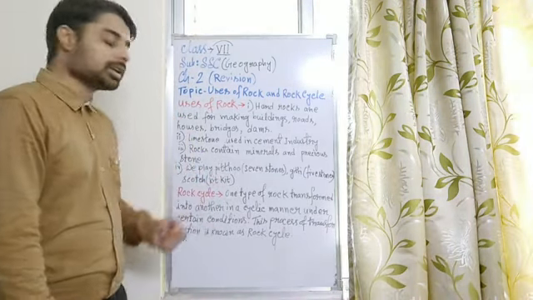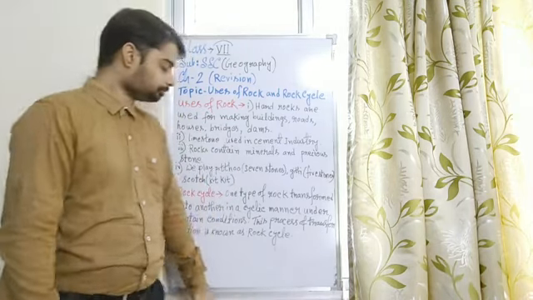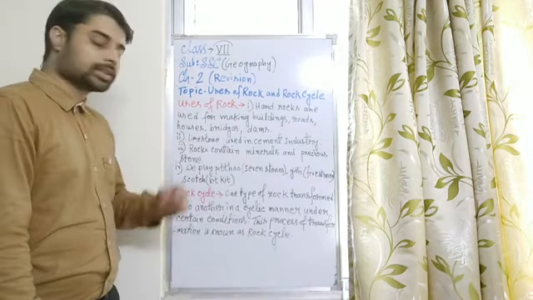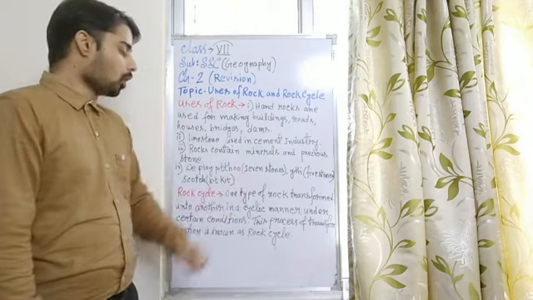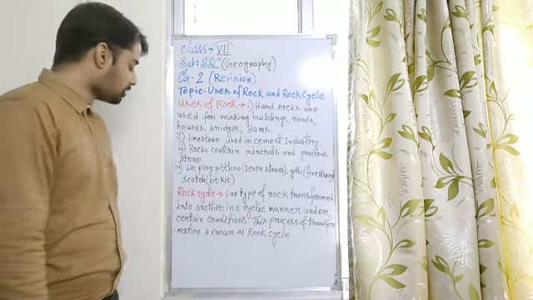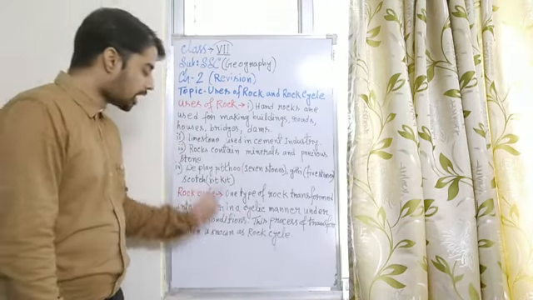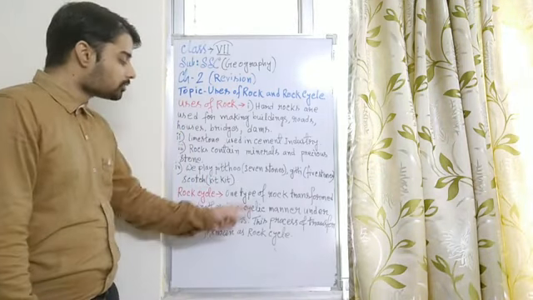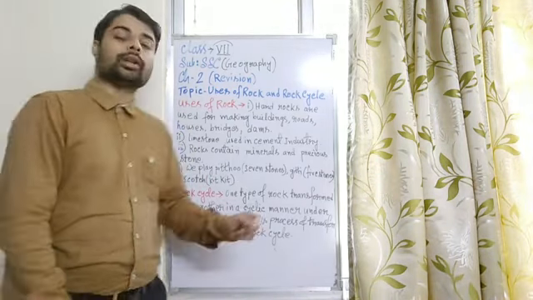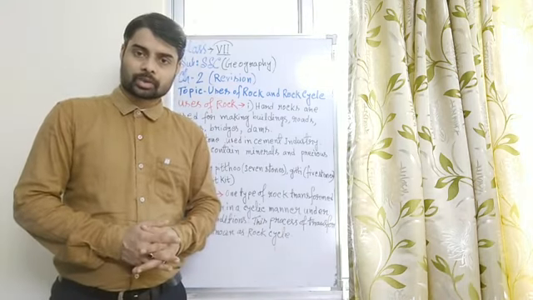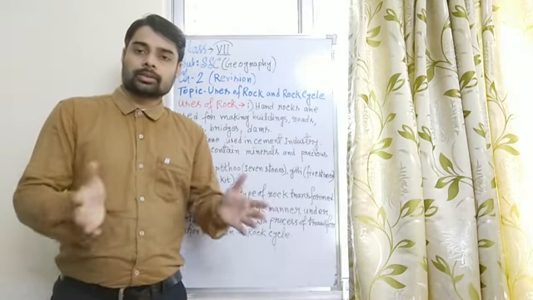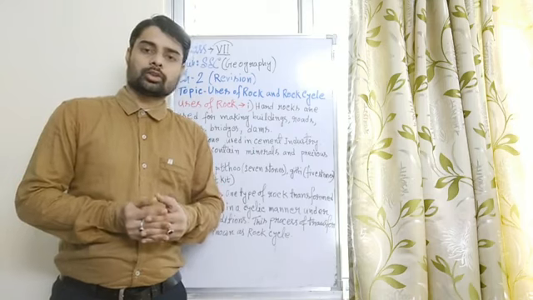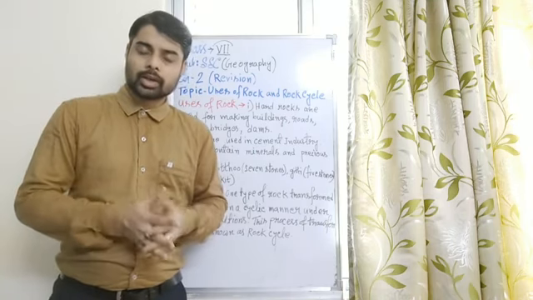Now we are going to discuss the rock cycle. What is the rock cycle? When one type of rock is transformed into another in a cyclic manner under certain conditions, this process of transformation is known as the rock cycle. And how does this rock cycle move?